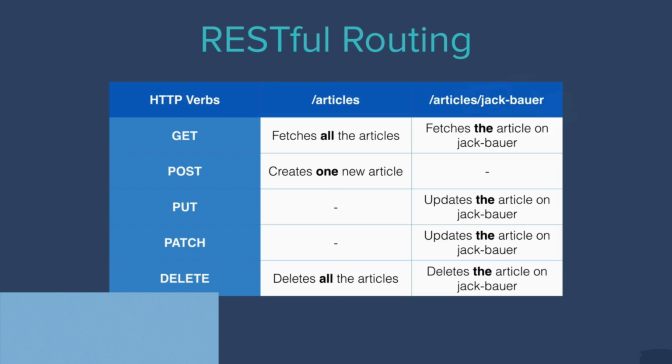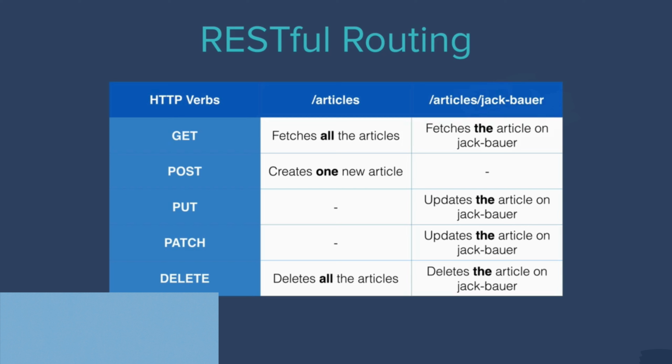And when they make a POST request to the /articles route, it should create a single new article and add it to our database of articles. And when we make a delete request to /articles, it would delete all the articles in our database.